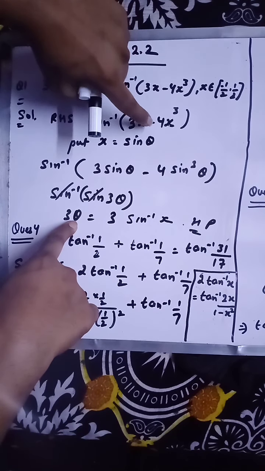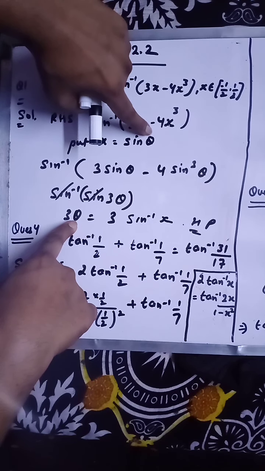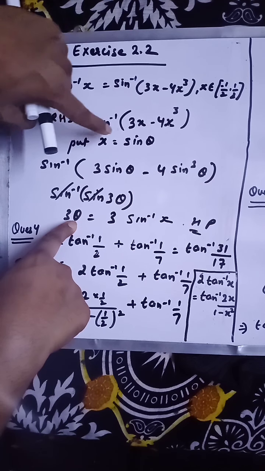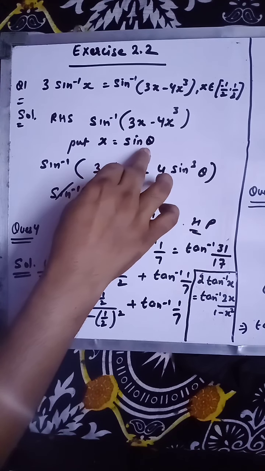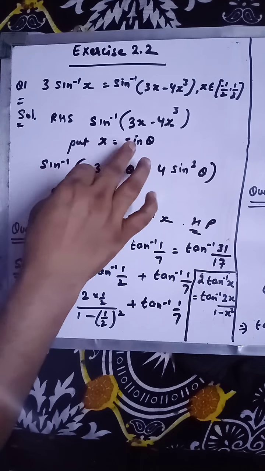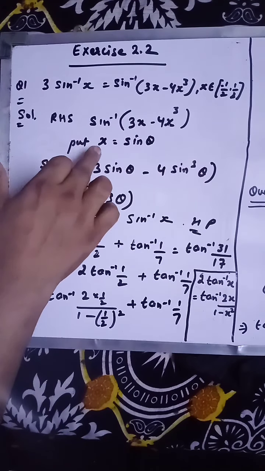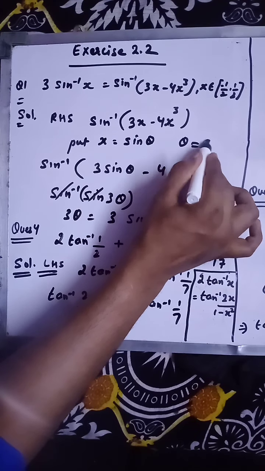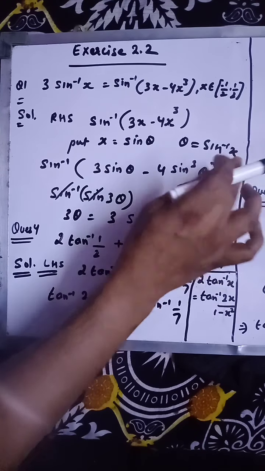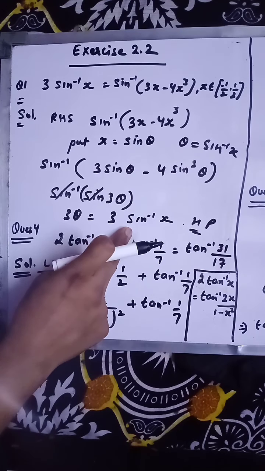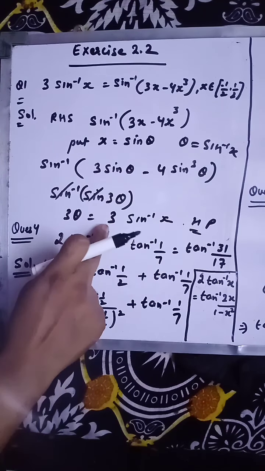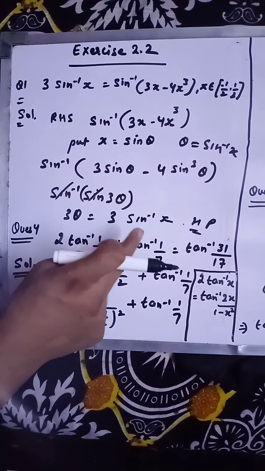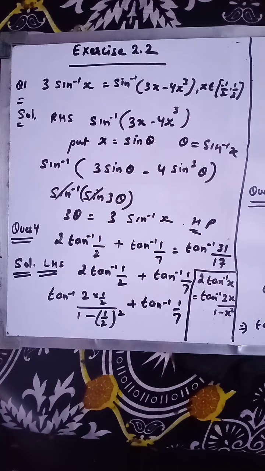Since x equals sin theta, placing sine inverse on the left hand side, your theta would be sine inverse x. So in place of theta I am putting this value, 3 sine inverse x, and this is what you have to prove. Hence proved.